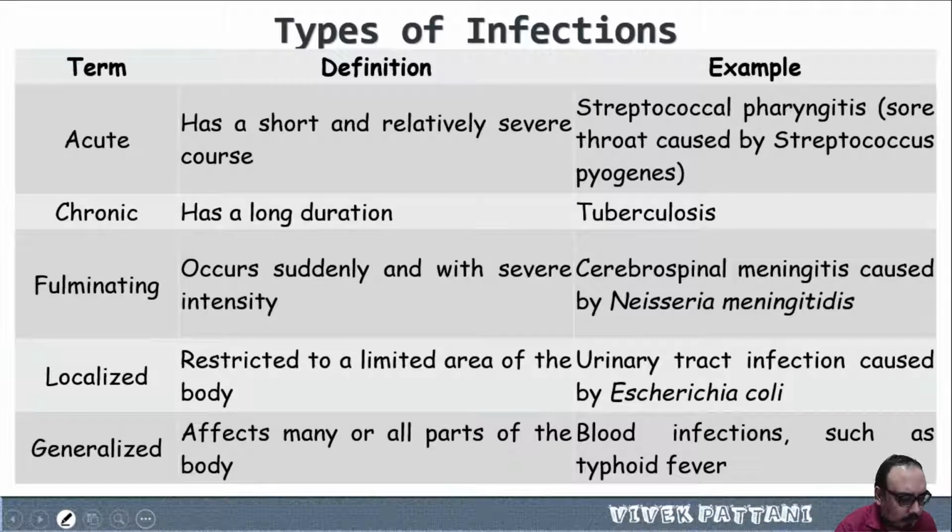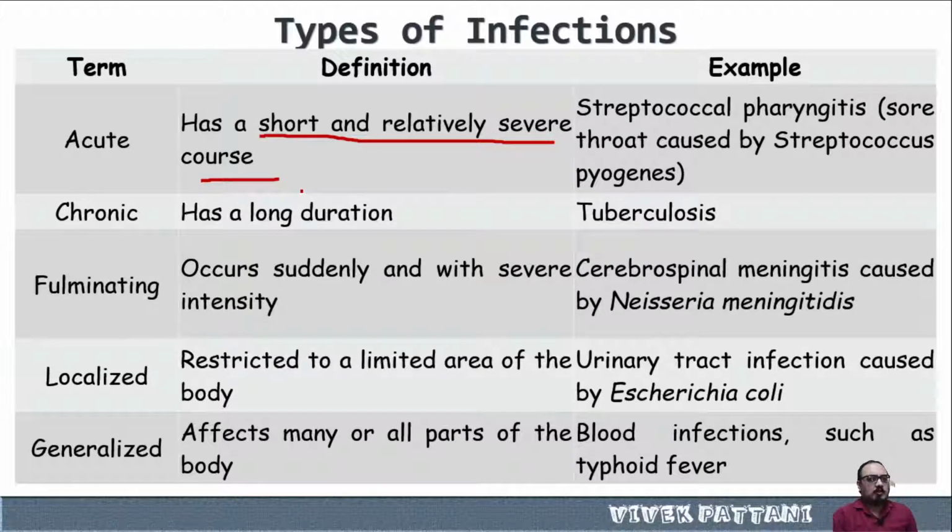The types of infection: the first one is the acute one. The term is acute infection. It has a short and relatively severe course. It is a very short infection, but has severe effects on the host.